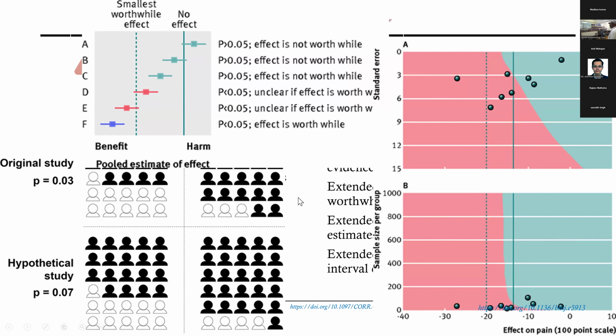I am just showing you one half of the funnel plot. This funnel plot curve should come like that. I am not showing the rest of the funnel plot, just one arm. What is this line here? No effect, let's say odds ratio of 1. That's the same line here. What is this line? Minimum clinically important difference, or the smallest worthwhile effect.